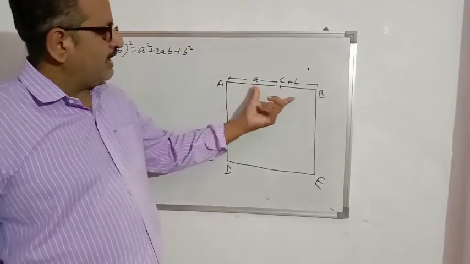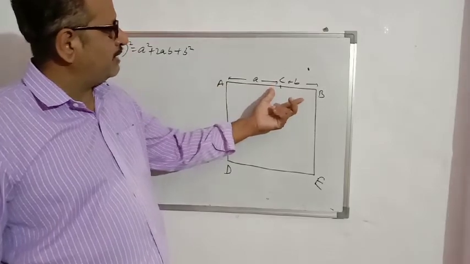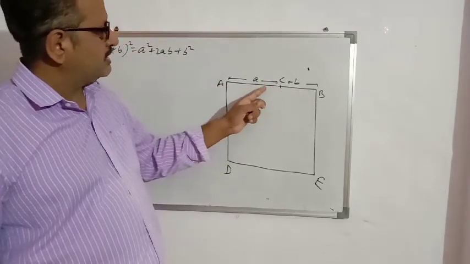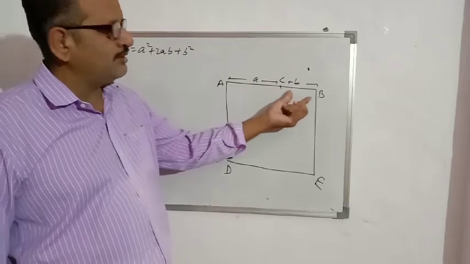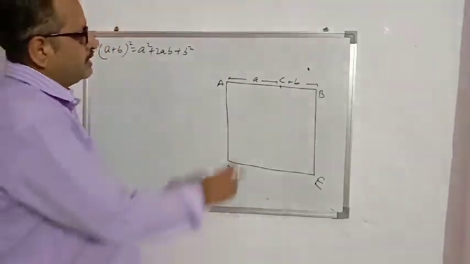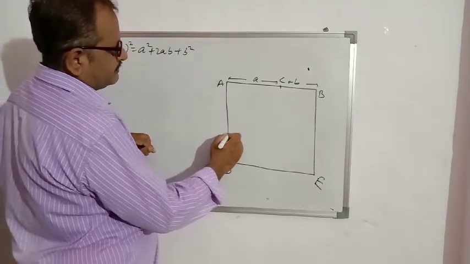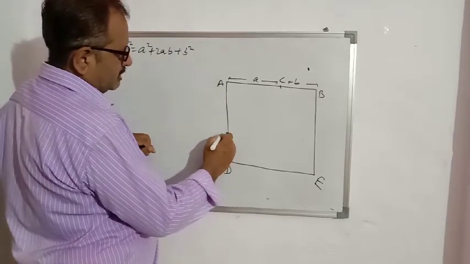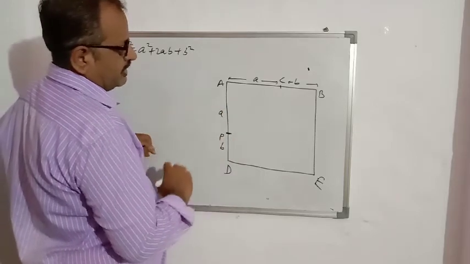Then we divide it into two parts such that C divides AB with AC as a and CB as b. Similarly, divide AD also into two parts like this. Suppose this one is P, so AP is a and PD is b.